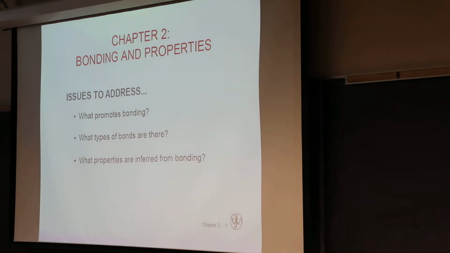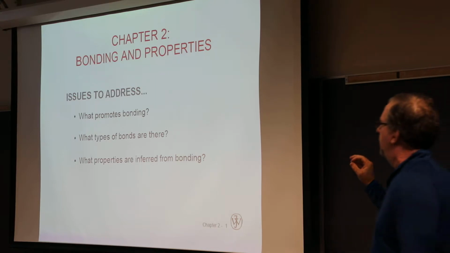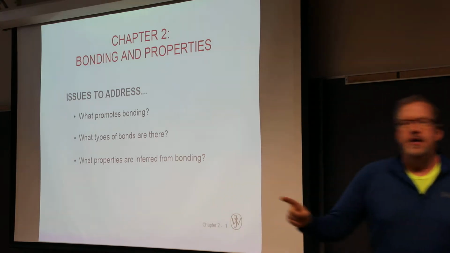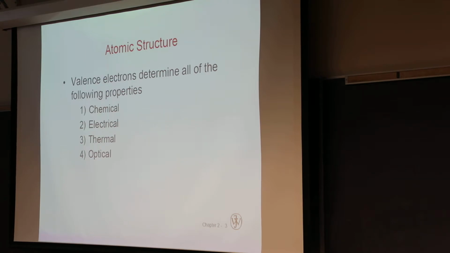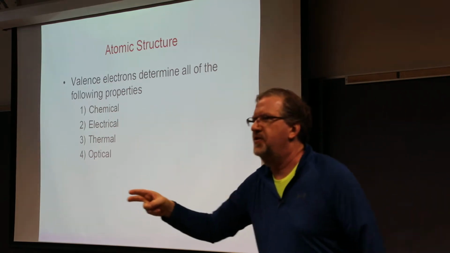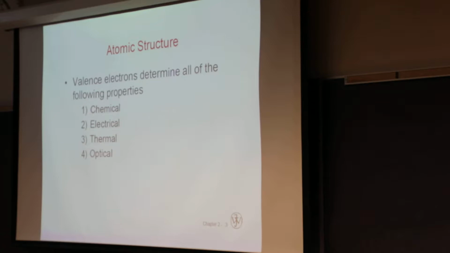I dragged you through a lot of bonding and chemistry. What are the important takeaways here? The important takeaway is that these traditional semiconductors are covalent bonds and directional. Who said directional? Yes, gold star. Directional bonds.